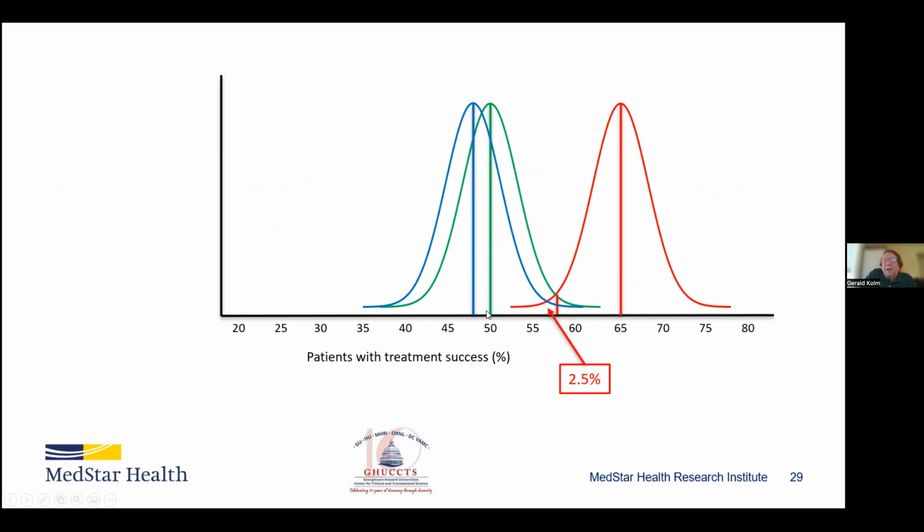So when we do the Bayesian statistics, we're going to look at whether only 2.5% of our distribution of success falls within the distributions of the 50%, or the non-success rate.